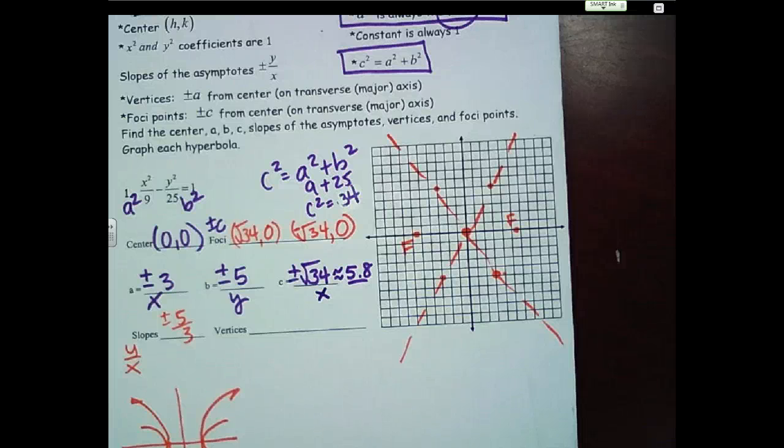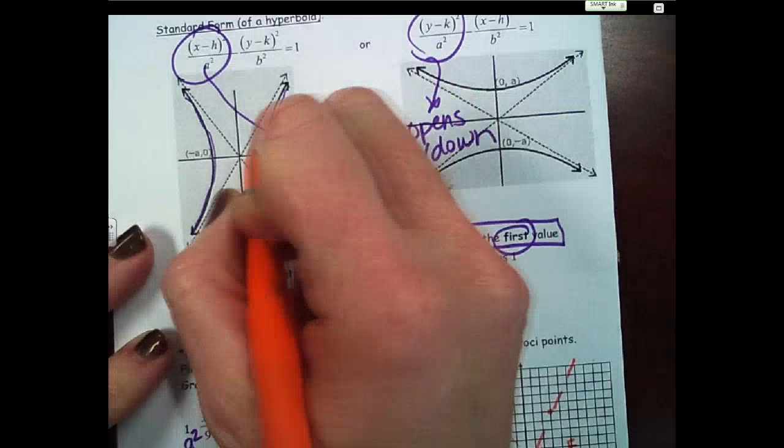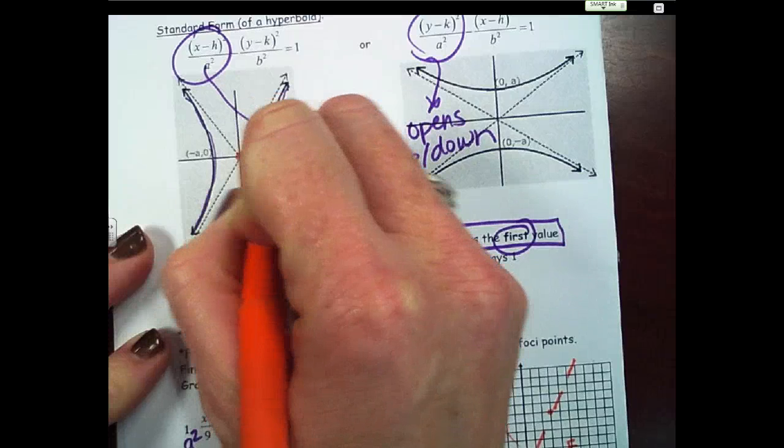If you take away this line, these are the vertices of your parabola. So the distance from the center to the vertex is how much? 3. Or what value? A. Right, so the distance of A is between here and here. This is A.